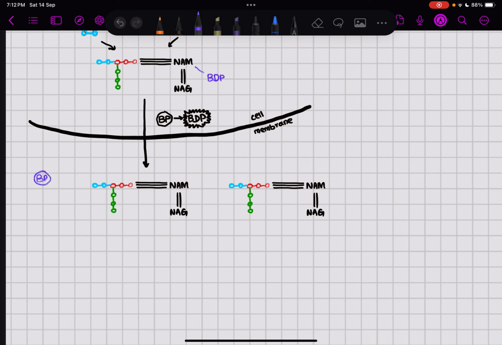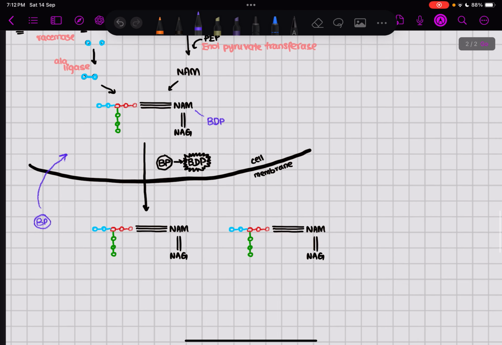Now it is transported back into the cell. And as already told, this one thing is 1 unit of cell wall. This one thing is what? 1 unit of cell wall.